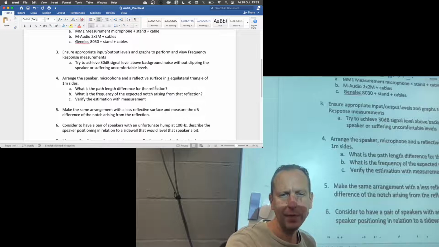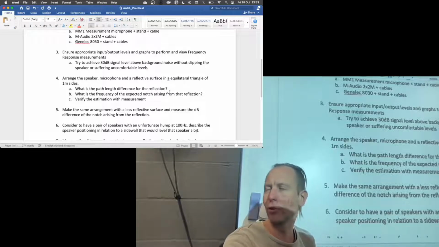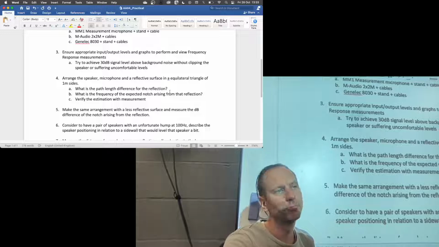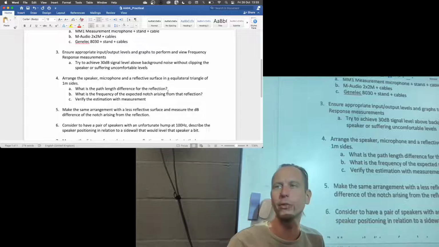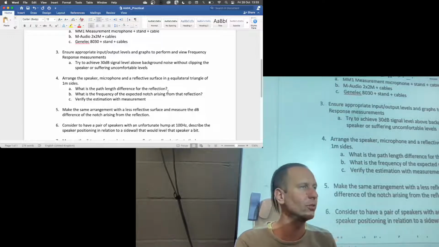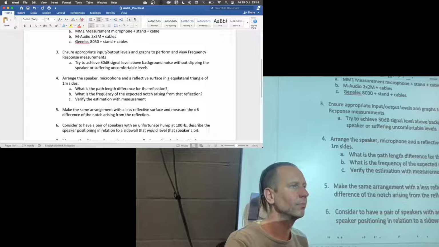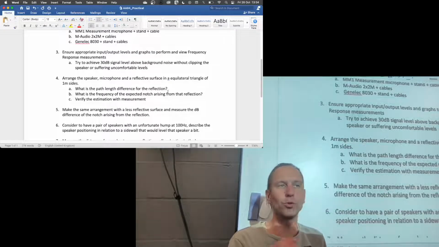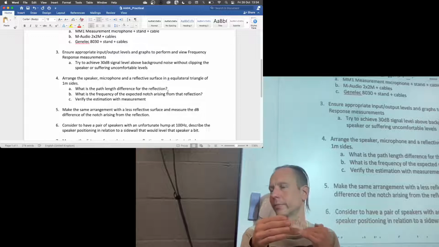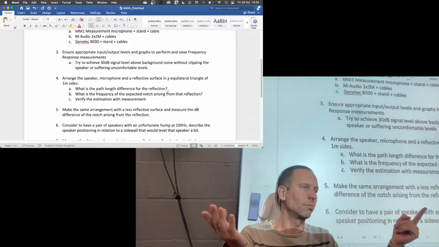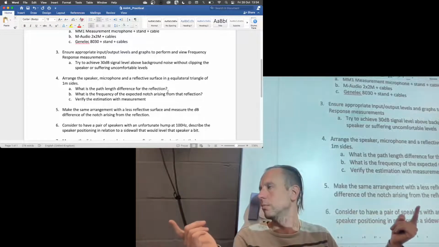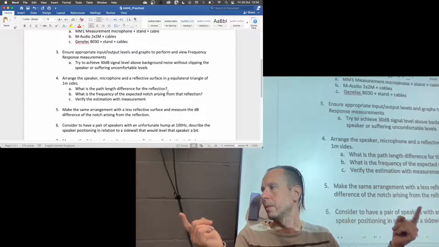So, first question: what is the path length difference for the reflection? Remember me in the lecture going on about path length differences. That will give us the crucial value. In this case, how much longer does the sound have to travel via the wall? Because you take the difference of path length. That's what we're after. So the path length between mic and the speaker, I just defined it, how much? 1 meter, right?